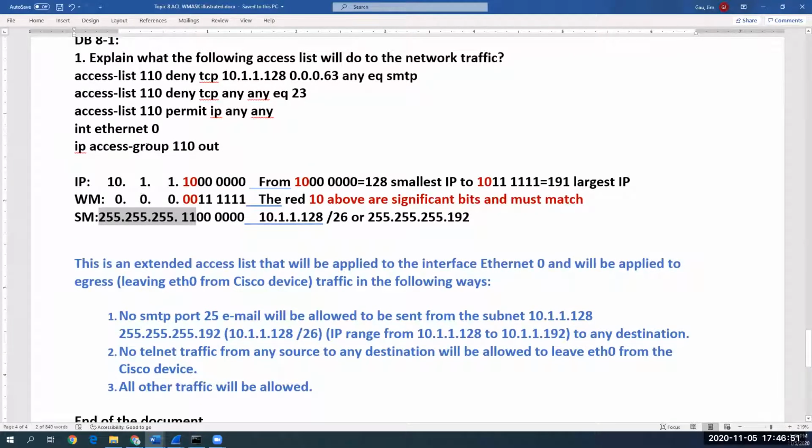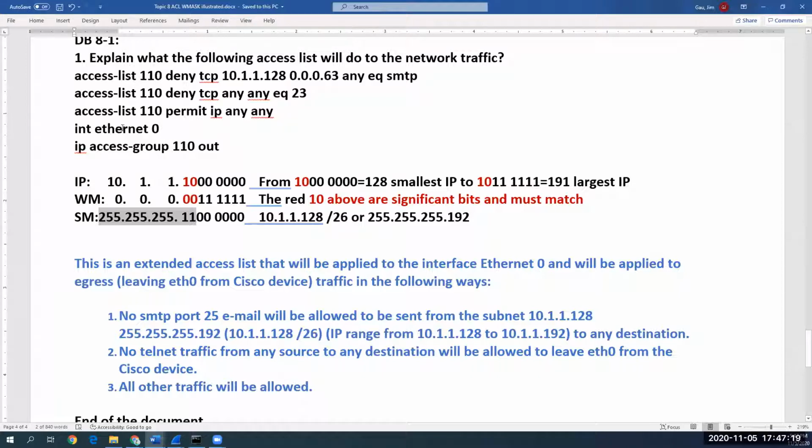And so the ACL, you can put it in there, but it will not take effect unless you apply it to an interface and give it a direction. So this statement here is completely true, but we have to add it to say, hey, no SMTP, and so on and so forth, to send out from this IP range, to send out through Ethernet port 0.